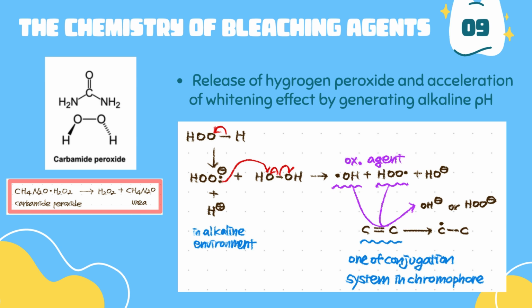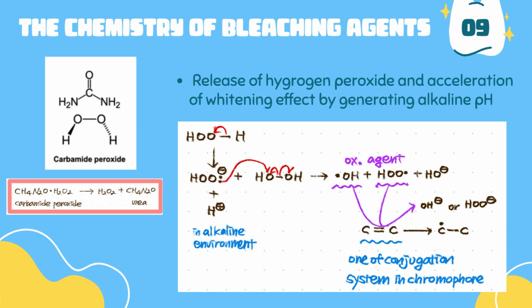Carbamide peroxide is a stable compound composed of urea and hydrogen peroxide. Upon contact with water or saliva, carbamide peroxide dissociates into urea and hydrogen peroxide, acting as an active bleaching agent.